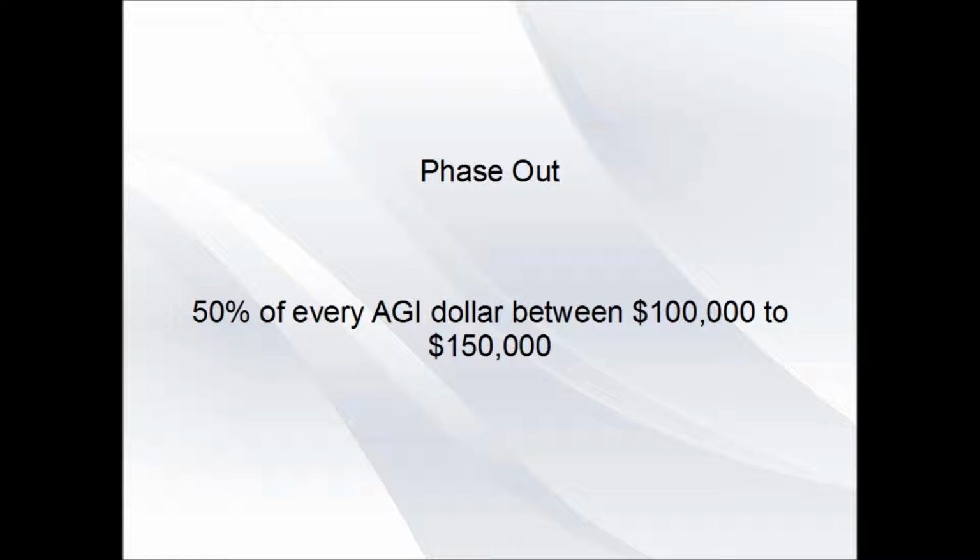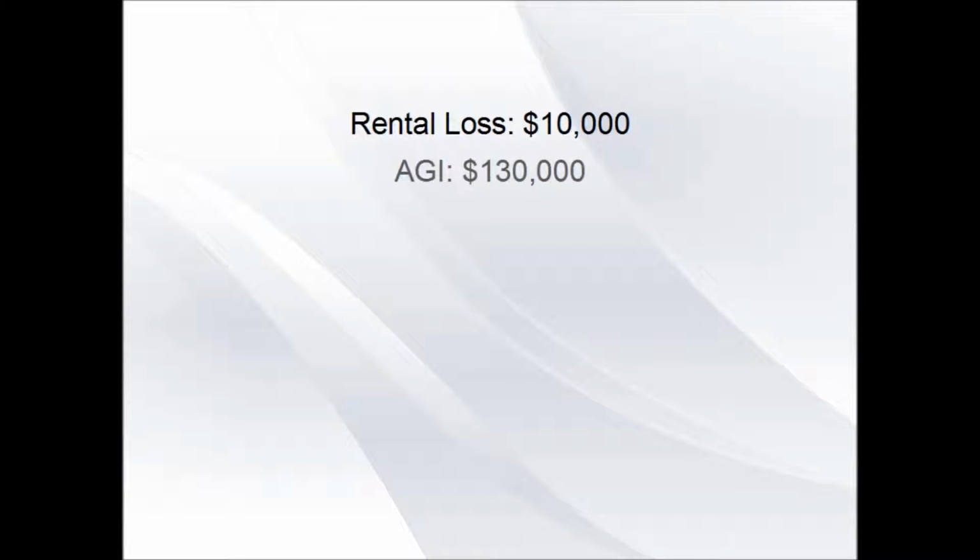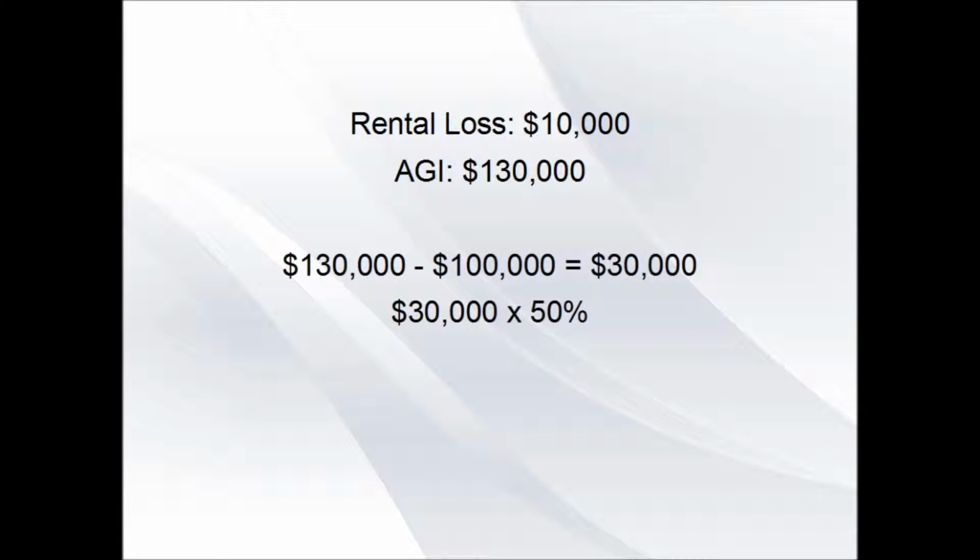The phase-out process is calculated by taking 50% of every AGI dollar between $100,000 to $150,000. For example, if the owners of a home decided to fully rent it out and ended up with a rental loss of $10,000 and they had an AGI of $130,000, it would be calculated as seen on the screen.